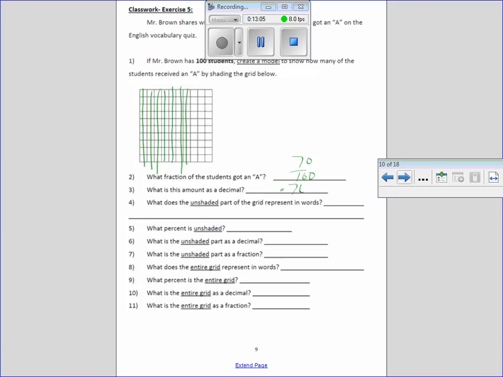Number 4, I saw a lot of different answers yesterday. It is representing in words. The unshaded is the amount of students who did not get an A. That's the way I want you to write that.